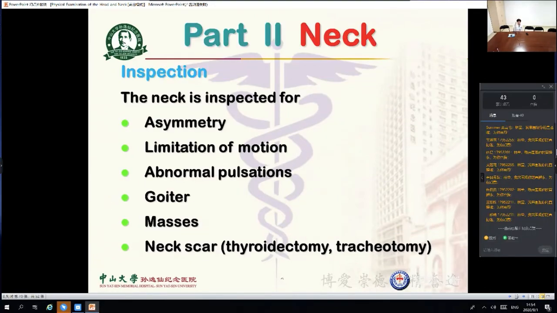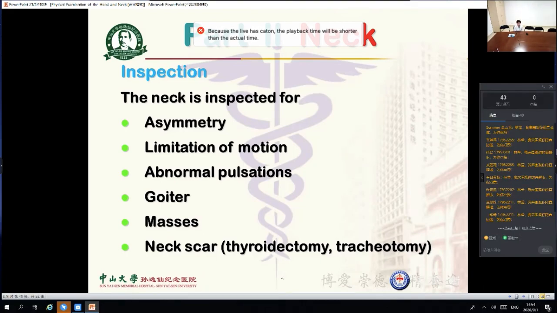And before we are going to talk about the second part, which is also a key part, the head and neck physical examination, we may be able to take a short break. The content of today's talk is not that much, because it covers only the examination of the head and neck, so the content is less than yesterday.